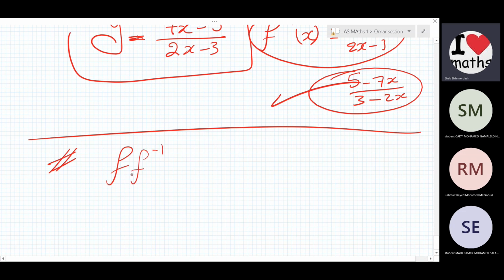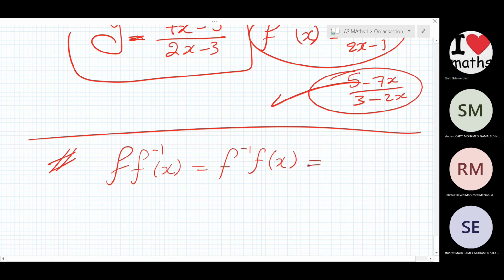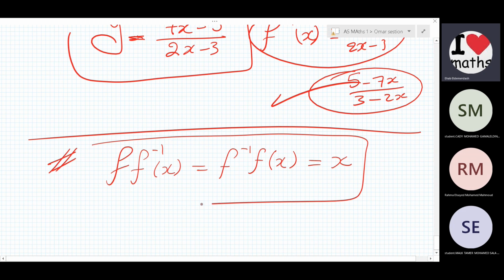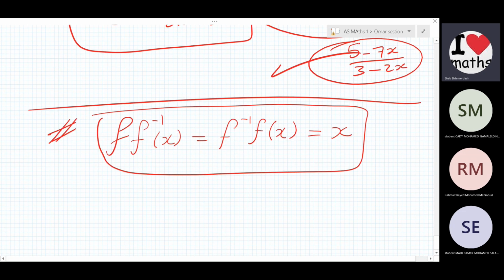If I said f of the inverse of x, or I said the inverse of f of the function, in all the cases it will come as x. مش فاهم حاجة يعني ايه الكلام ده؟ يعني let me say that the two opposite effects on the thing will keep it as it is.